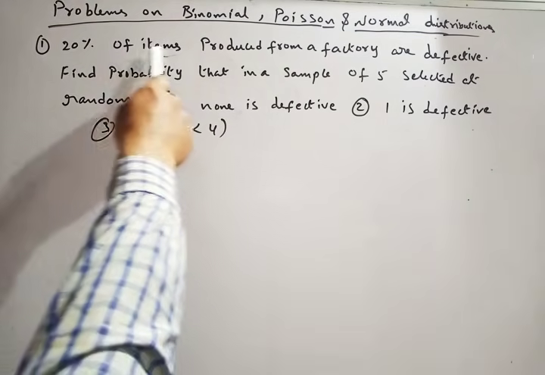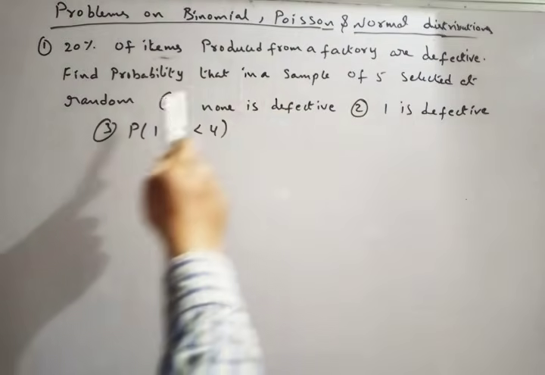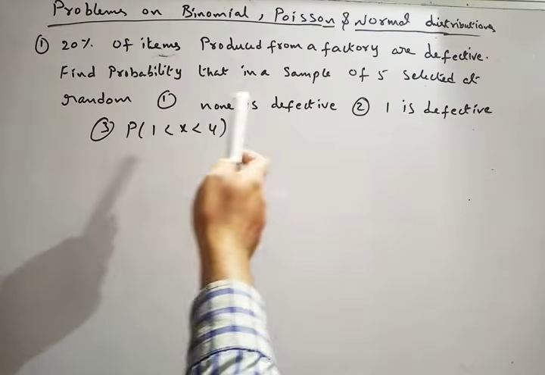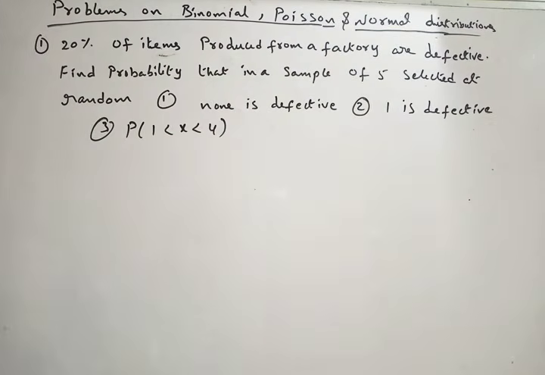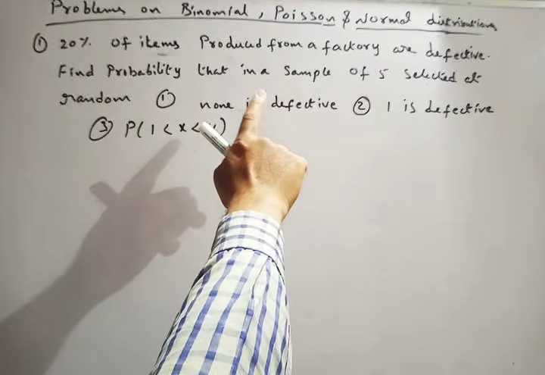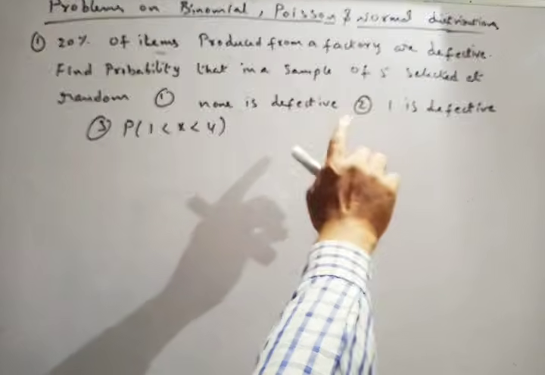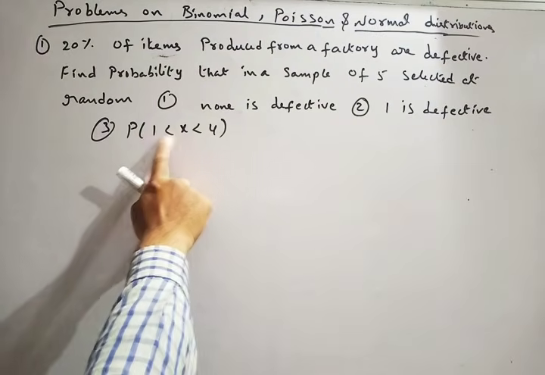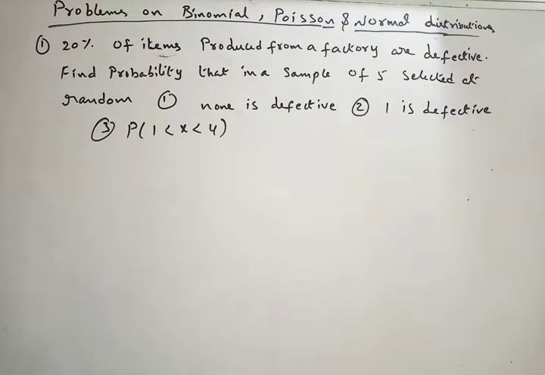See the first problem: 20% of items produced from a factory are defective. Find the probability that in a sample of 5 selected at random, none is defective, 1 is defective, and between 1 and 4 are defective, right? Understand here.